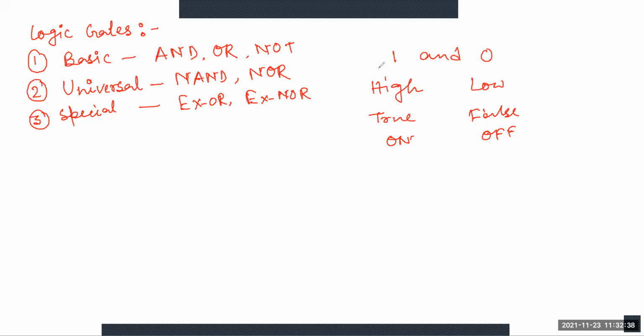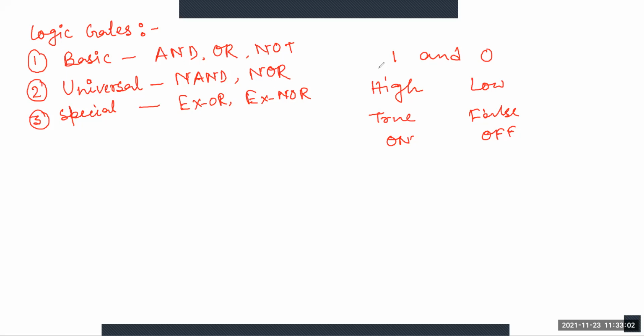And one thing, for each and every gate you will get a table. This table lists all the possible combinations of input variables and the corresponding output, and this table is called the truth table. So each and every gate has one truth table.